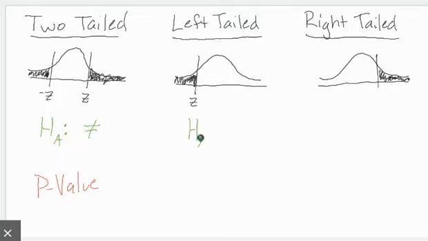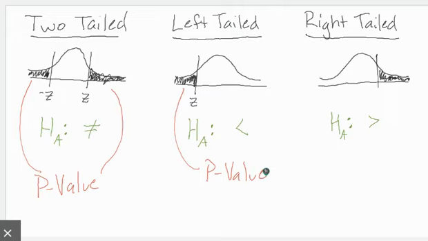If the symbol in your alternative hypothesis is a less than sign, then you are running a left-tailed test. And if the symbol in your alternative hypothesis is greater than, then you are running a right-tailed test. And in each one of these, the area under the curve is your p-value.